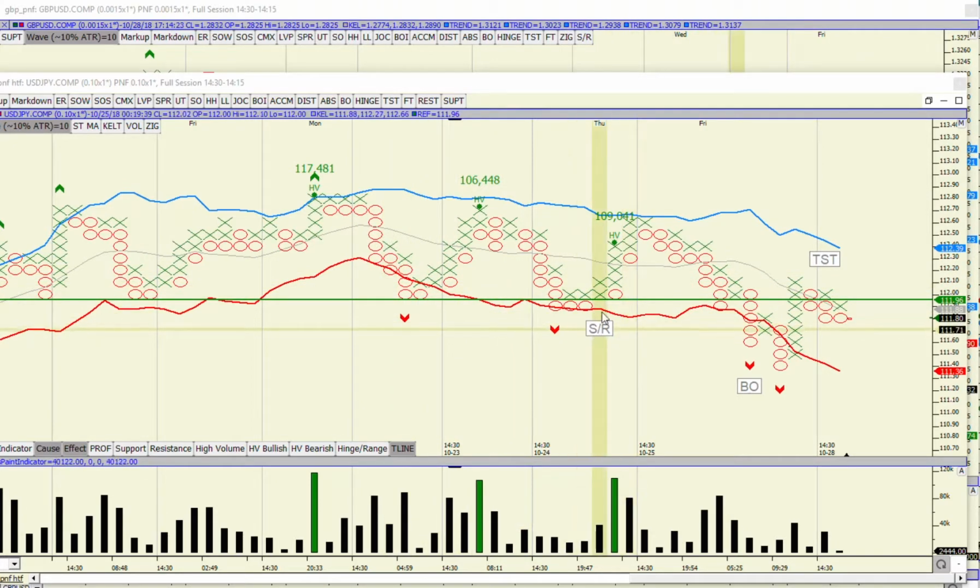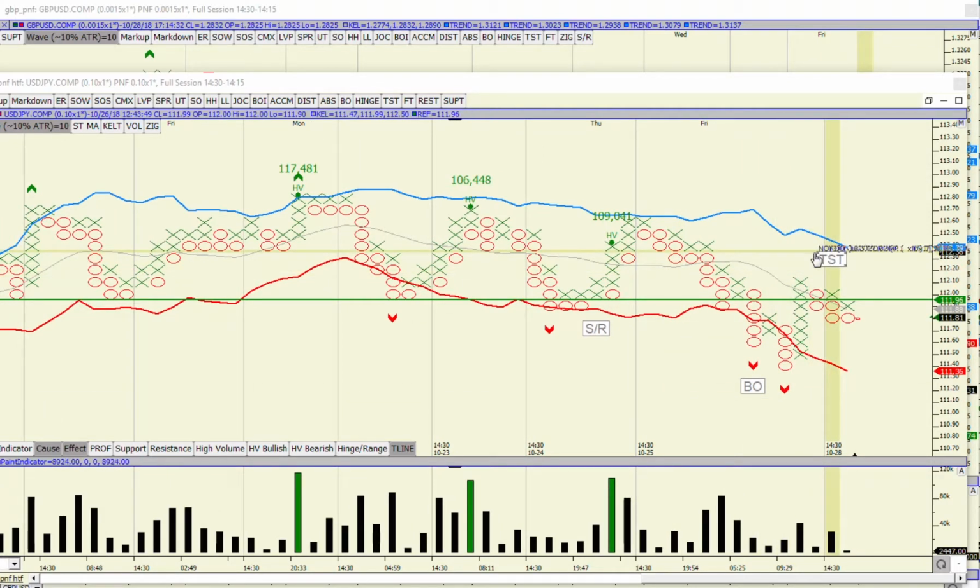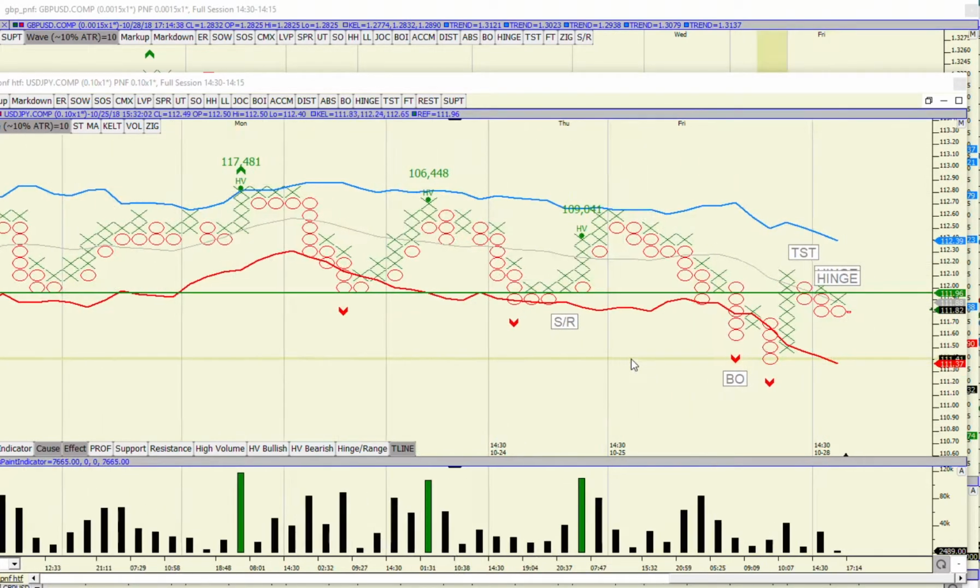You establish support, breakout, test, here, test, and now it may hinge for another move down. So that's what I'm looking for. That's where the hinge is. Anyway, why isn't it? Oh, there it is.